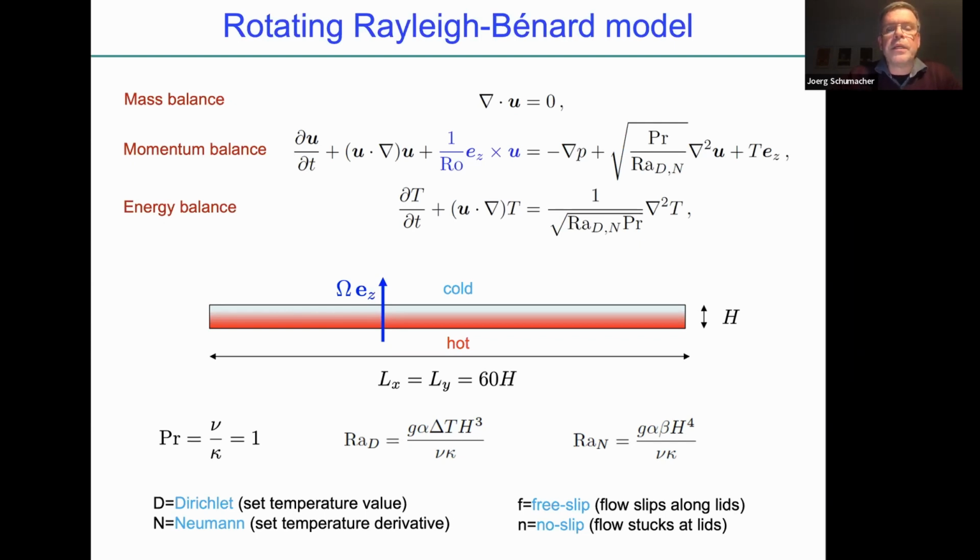So we basically redo the simulations with exactly the same setting, and we add the Coriolis term, which corresponds to the rotation in our case about the vertical axis, as I have indicated it here.